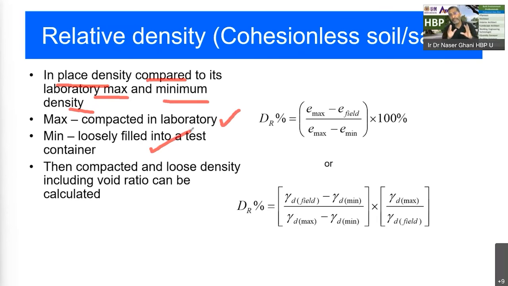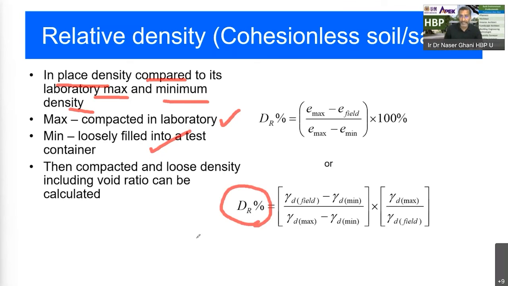So this relative density is a density compared to the lab maximum and minimum density. Then we can calculate what would be the relative density.